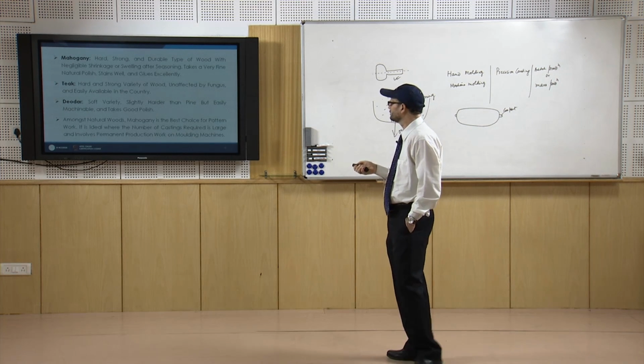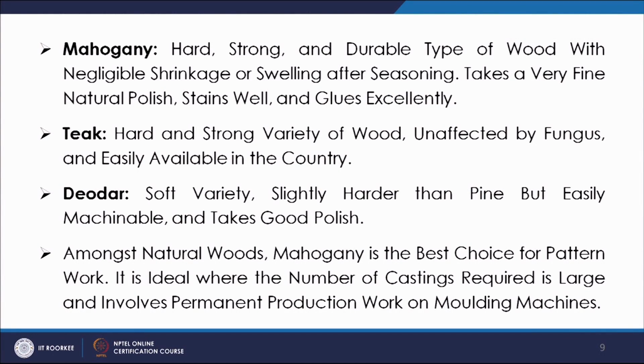Teak is a hard and strong variety of wood unaffected by fungus and easily available in the country. This is also a positive point for teak, which is mostly available even in this region. Deodar is a soft variety, slightly harder than pine, but easily machinable and takes good polish. So, these are the normal types of wood used for pattern making.